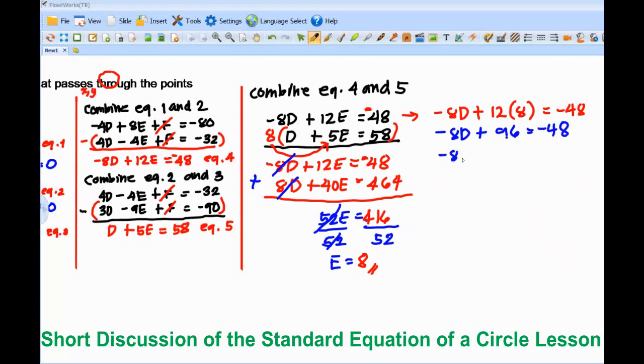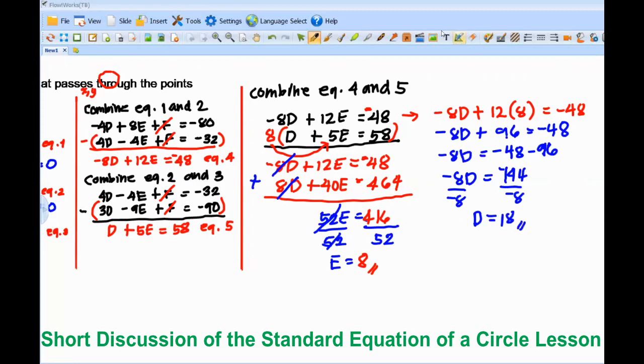So negative 8B equals negative 48 minus 96, which is negative 144. Therefore, divide by negative 8. So 144 divided by 8 is 18. So that's the value of our D.